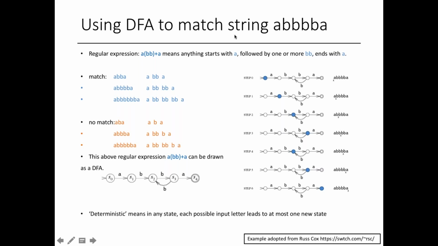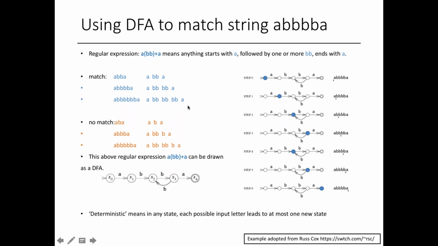For example, if we want to search for a string like A, B, B, B, B, A, we can search for A, B, B plus, A. That basically means we can match A, B, B, A, and A, B, B, B, B, A, and A, B, B, B, B, B, B, A. All these match A followed by two or more B, and ending with an A.